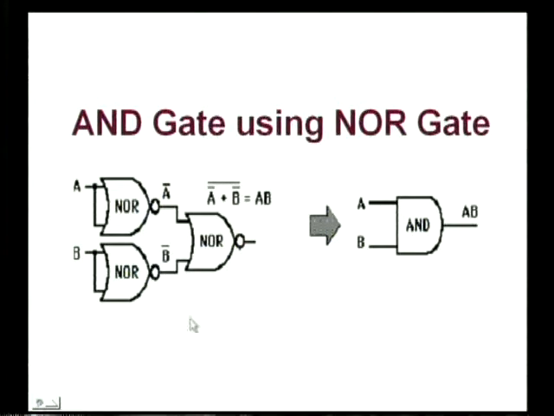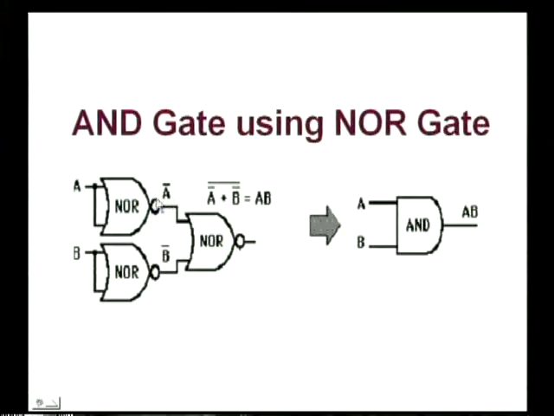Now, we shall see how to get the AND gate realization using the NOR gate. For this, we use two inverters at the inputs of the NOR gate. So, given the input A, you use the NOR gate as an inverter to produce an output A bar. Similar is the case with B, which is given to a NOR gate acting as inverter to produce an output of B bar.